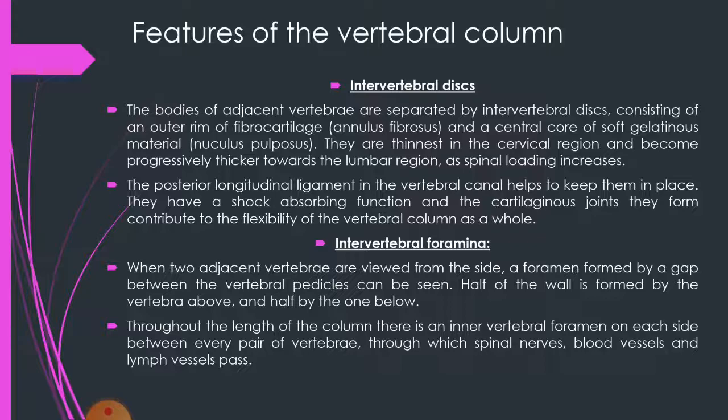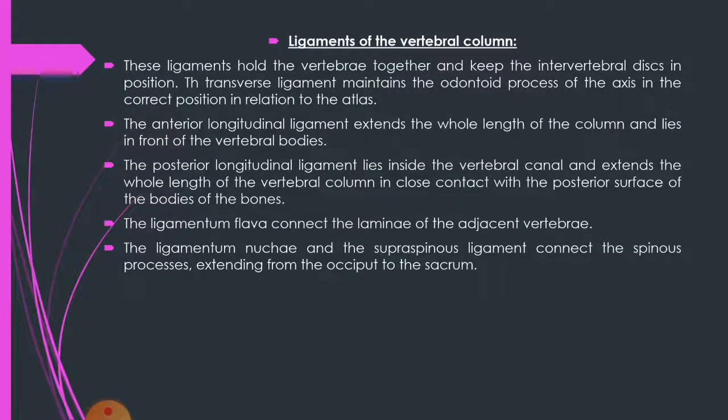Throughout the length of the column, there is an intervertebral foramen on each side between every pair of vertebrae, through which the spinal nerves, blood vessels, and lymph vessels pass. So these intervertebral foramina are formed due to the gap between the vertebral pedicles, and they allow the passage of spinal nerves, blood vessels, and lymph vessels.